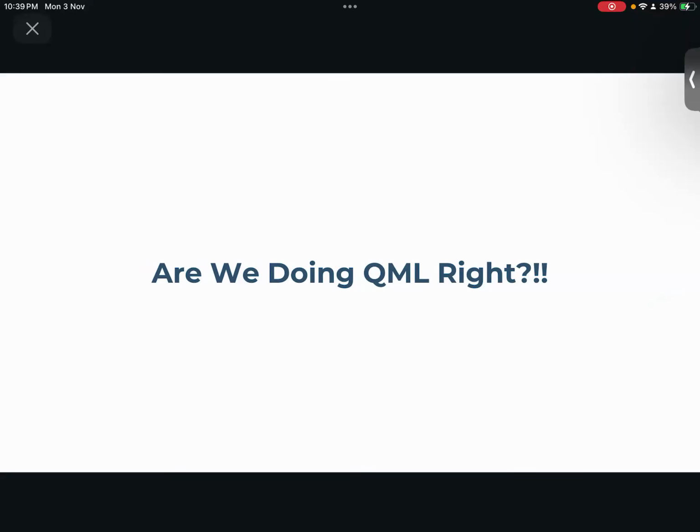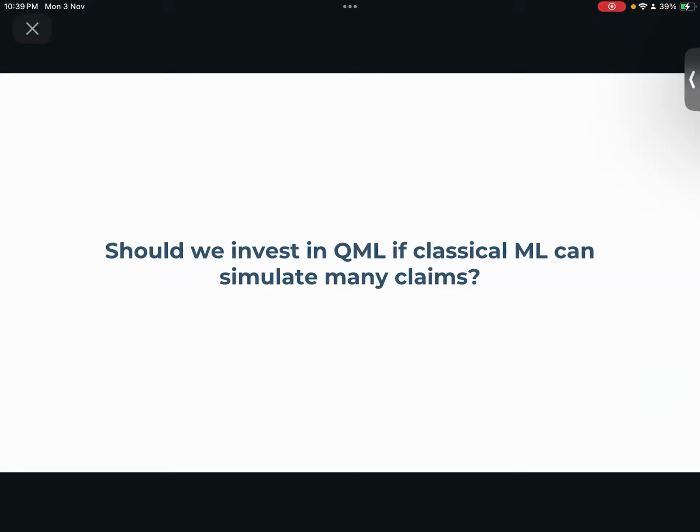But the question that we ask right now is, are we doing quantum machine learning in the right way? Basically, we should think of quantum machine learning as if we are really investing in something that has, or will have, an advantage in the coming future.